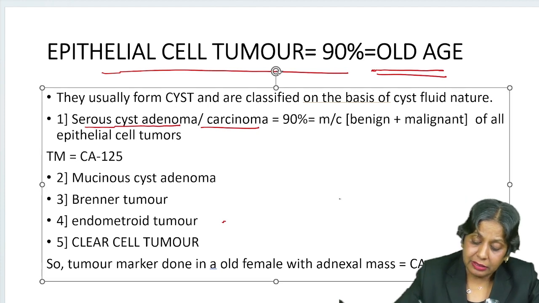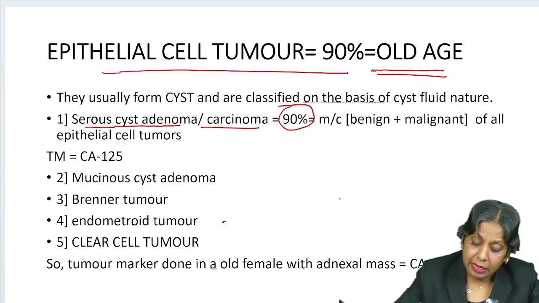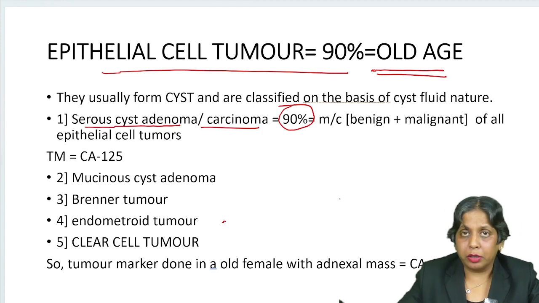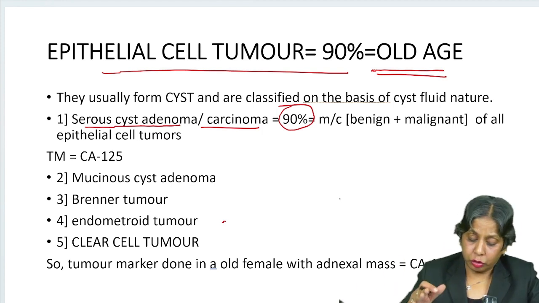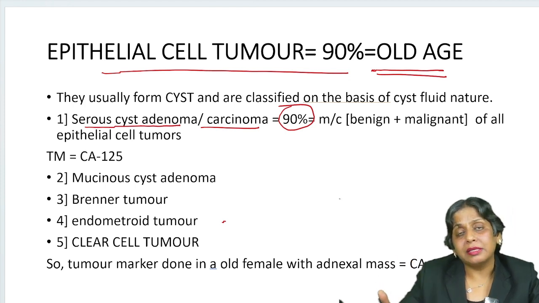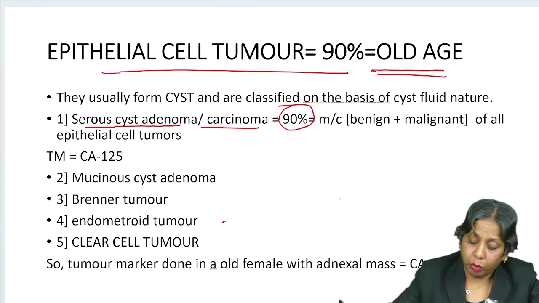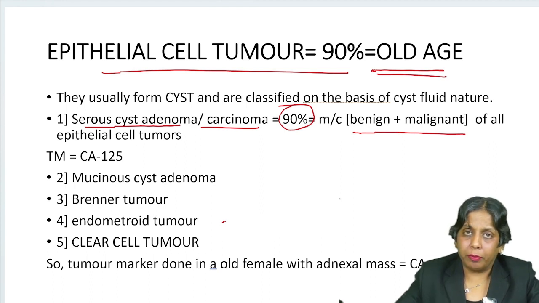It is 90% of all the epithelial cell tumors. So the most common ovarian tumor was epithelial cell tumor, and the most common epithelial cell tumor is serous cystadenoma or carcinoma. So both the benign and malignant common tumors are serous cystadenoma and carcinoma.